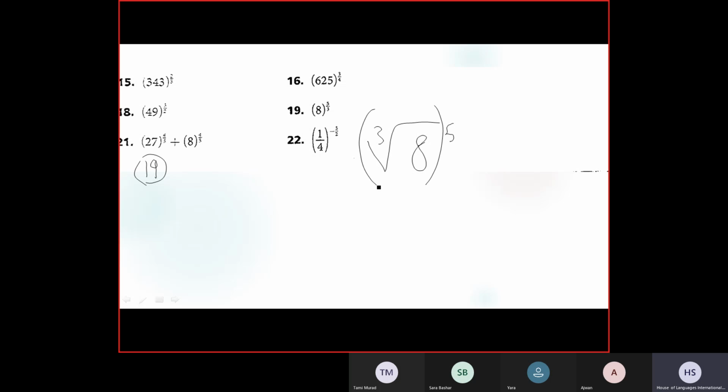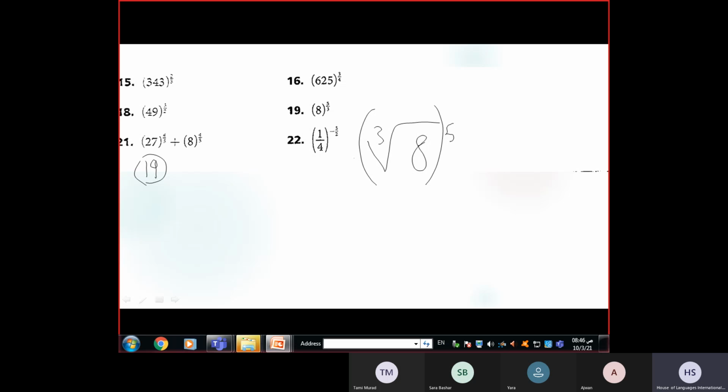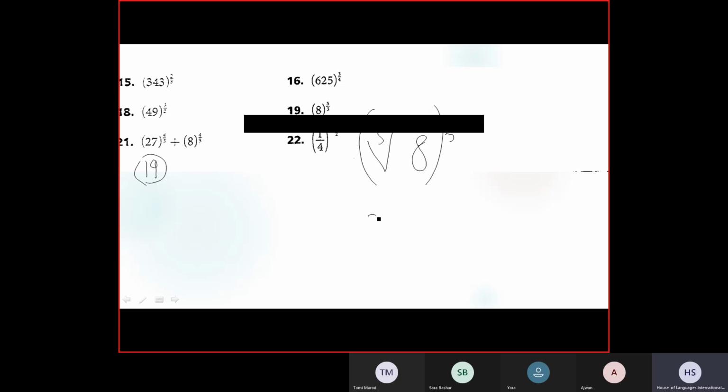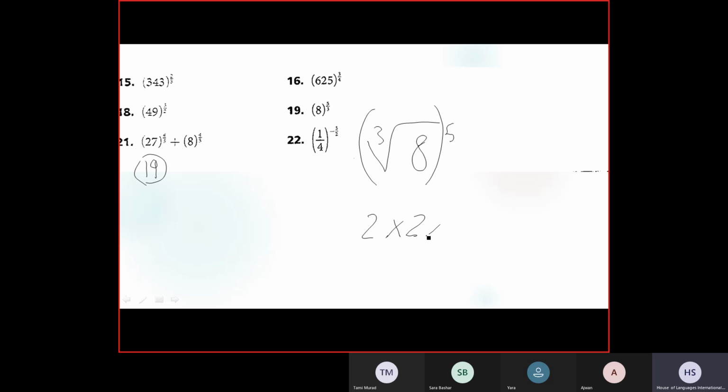That's 5. Bravo. So it's 2. So now what does it mean here?